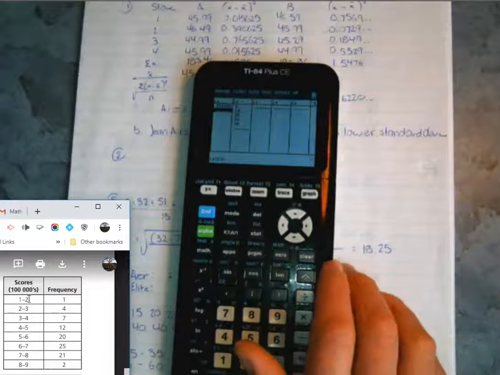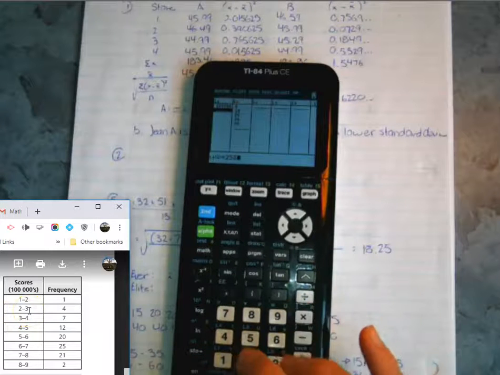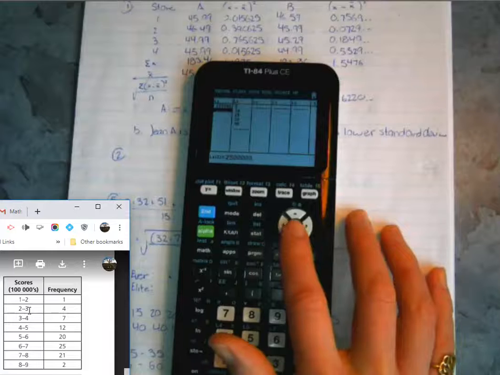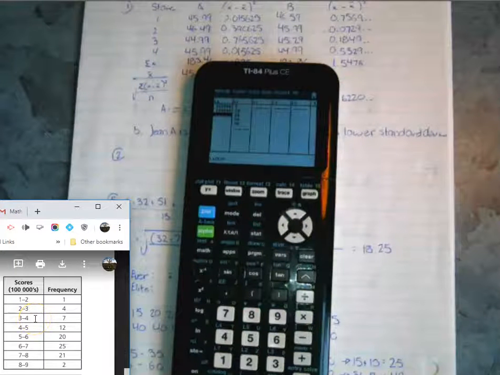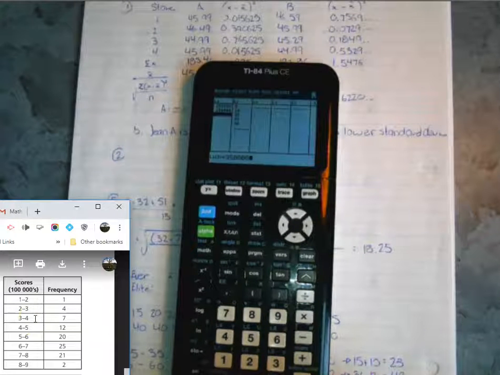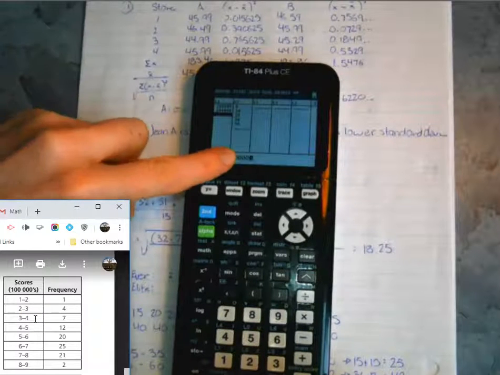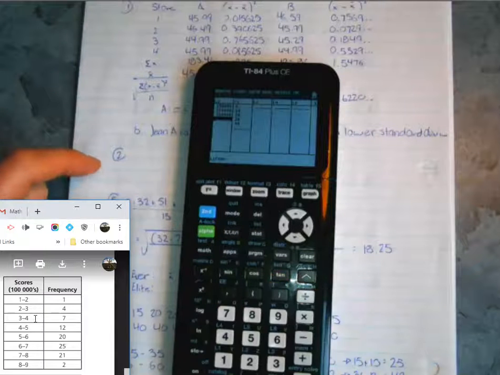Next we have 200,000 to 300,000, so halfway is going to be 250,000. The next one is 300,000 to 400,000, so 350,000 is going to be the halfway mark. Sorry, I keep losing my count of the zeros.